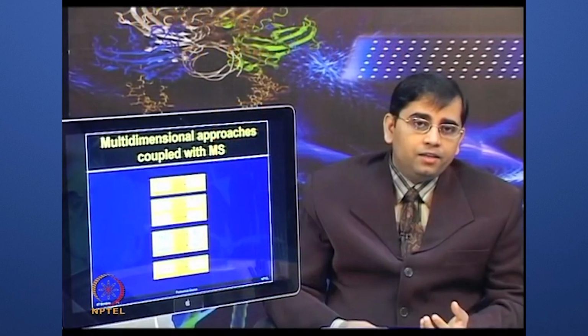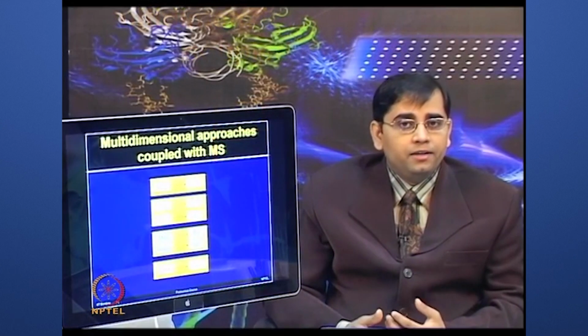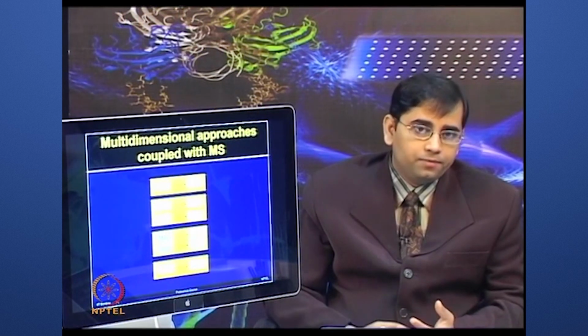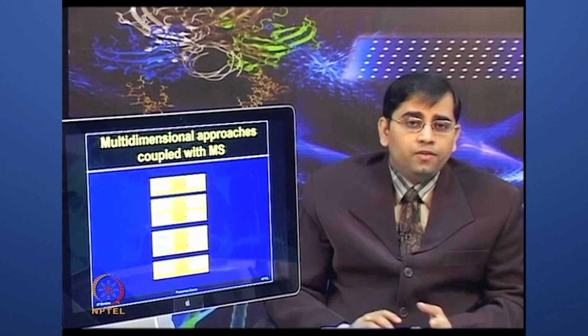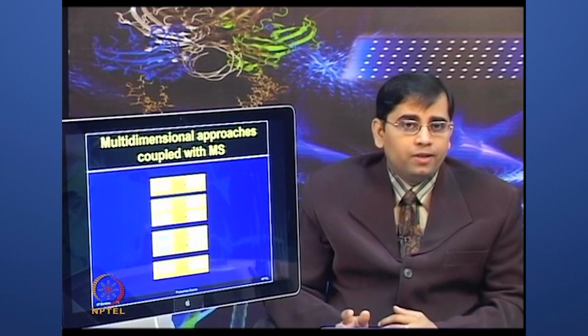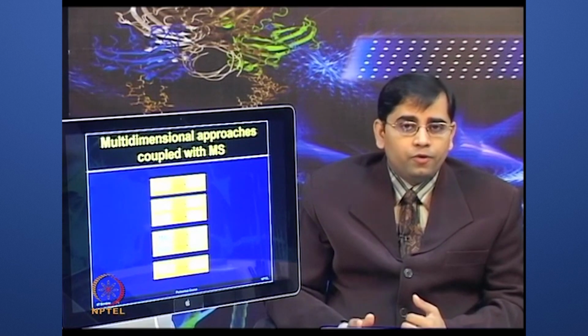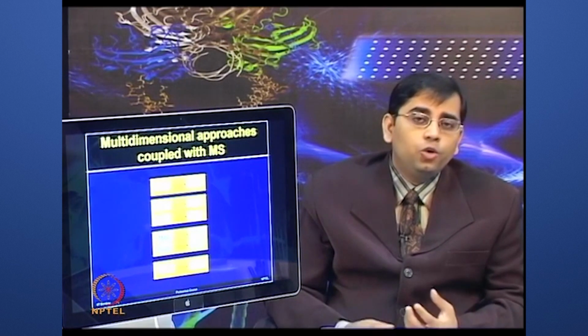When SEC followed by reverse phase has been tried, poor resolution of peptides in SEC occurs. Reverse phase followed by capillary electrophoresis, or SEC followed by capillary electrophoresis, is limited by the loading capacity.